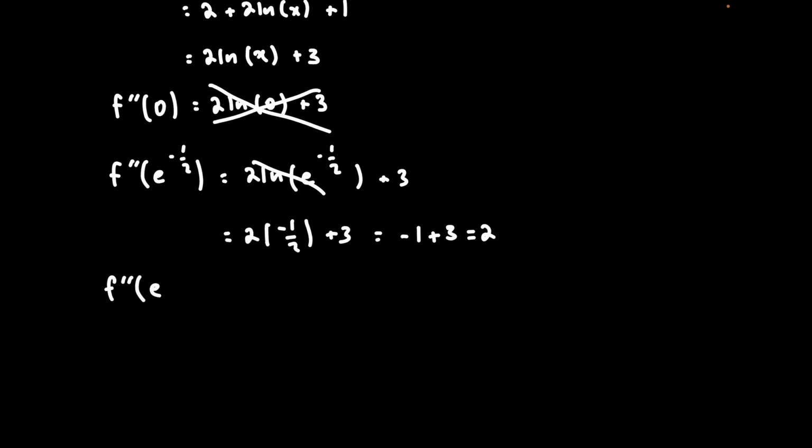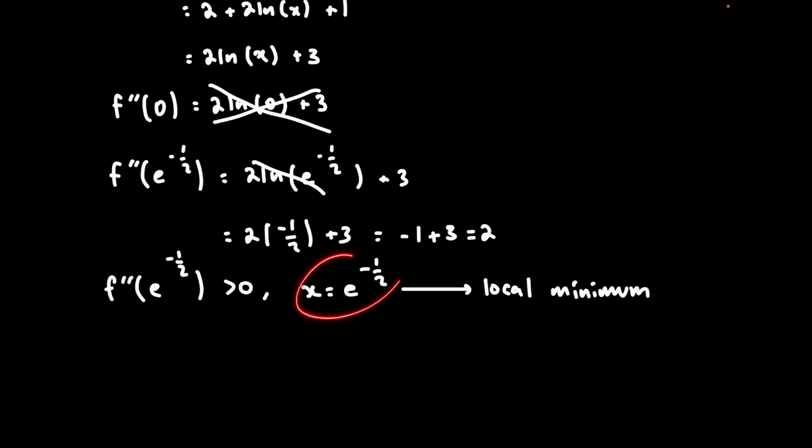And because the double derivative at e to the power of negative half is more than 0, we can say that when x equals e to the negative half, it gives us a local minimum, because this value is more than 0.